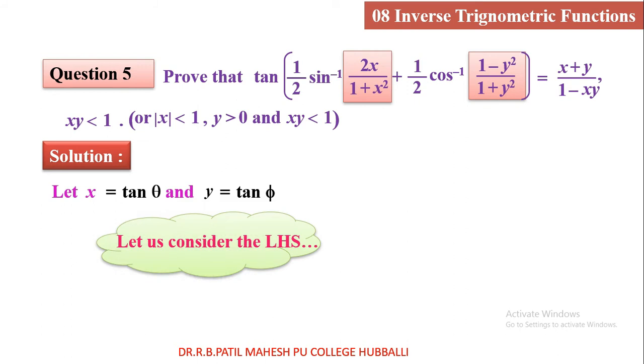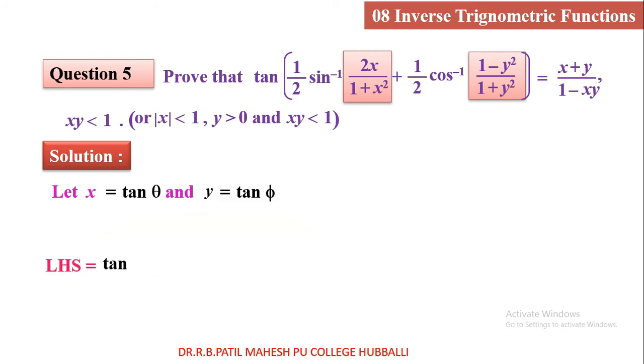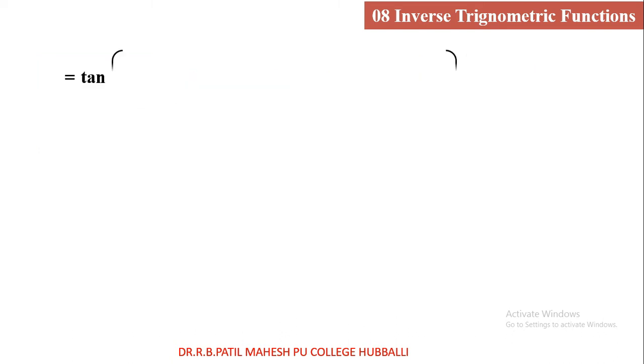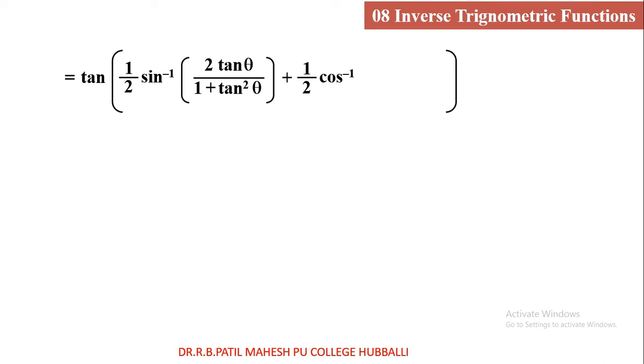So let us consider the LHS now. Tan of 1 by 2 sin inverse of 2x upon 1 plus x square plus 1 by 2 cos inverse of 1 minus y square upon 1 plus y square. On substituting x equal to tan theta and y equal to tan phi, we get, look at the expression carefully, tan of 1 by 2 sin inverse of 2 tan theta upon 1 plus tan square theta plus 1 by 2 into cos inverse of 1 minus tan square phi upon 1 plus tan square phi, because you are taking y as tan phi, remember that.